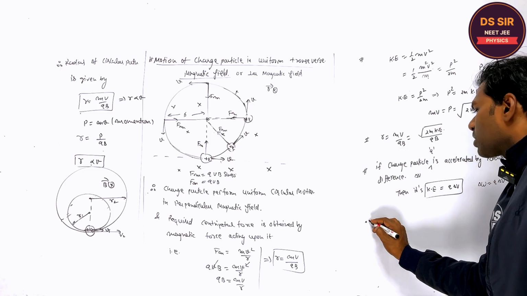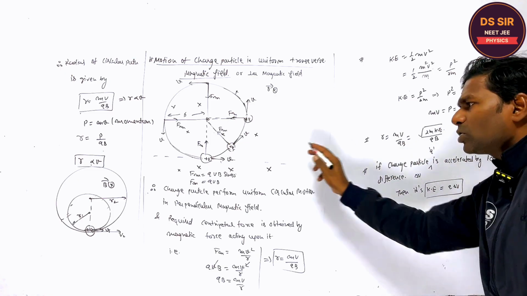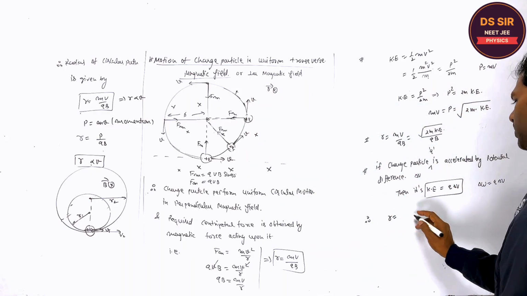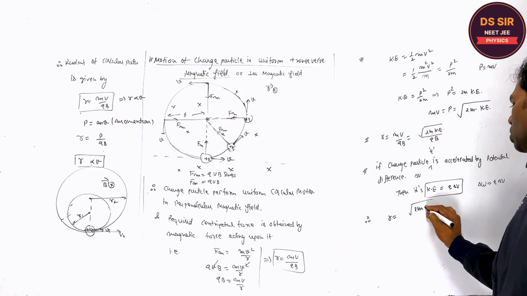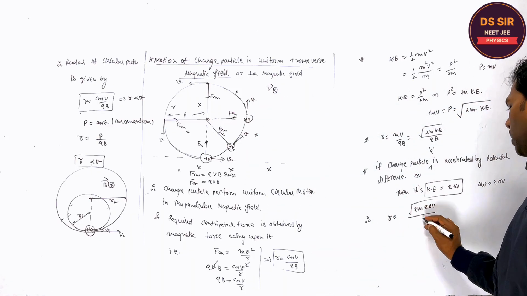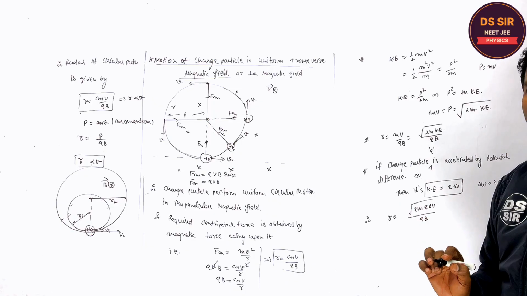So here the radius of the circular track will be given as root of 2 into m into q delta V, upon q into B. Is it clear or not?